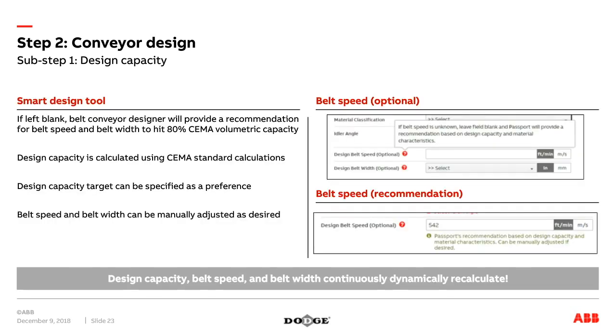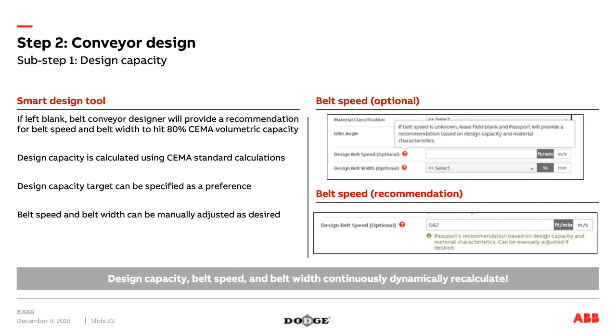Some of the information you may not necessarily need, and you can let the PASSPORT tool select it for you. The belt conveyor designer can provide a recommendation for belt speed and belt width, targeting 80% of SEMA volumetric capacity. So in these situations, if you put in all the other conveyor design parameters, it can select these for you.